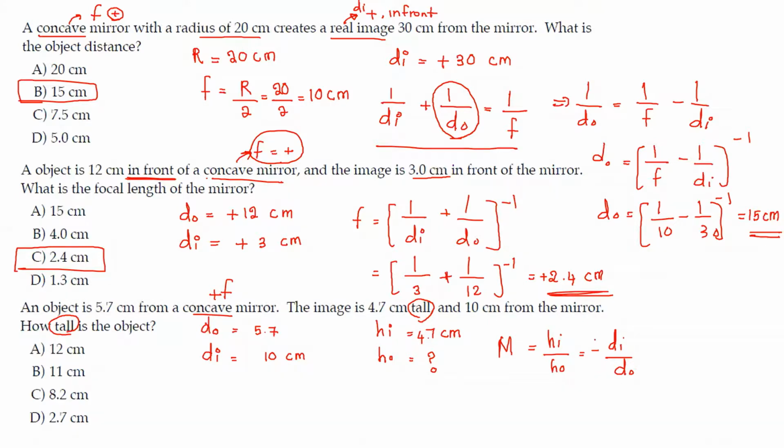Because the sign of this will represent whether it is inverted or not. Okay, we don't really care about the sign because they haven't said anything about the sign of these, right? So I'll just take the magnitude.